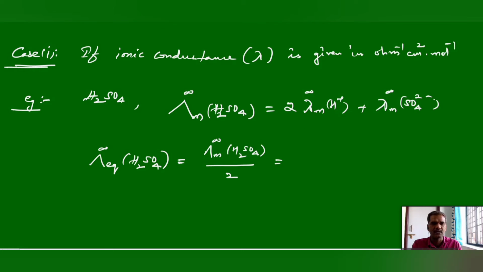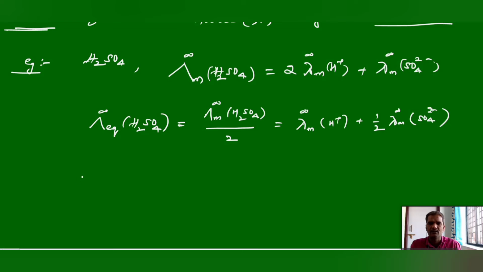So if you want to write in terms of ionic conductance, this will be 2 by 2 ionic mobility at infinite dilution for H plus, plus half of the ionic mobility of sulfate ion. And this is the equivalent conductance and this is the molar conductance. You see the difference when you take the units like this: ohm inverse centimeter square mole inverse.